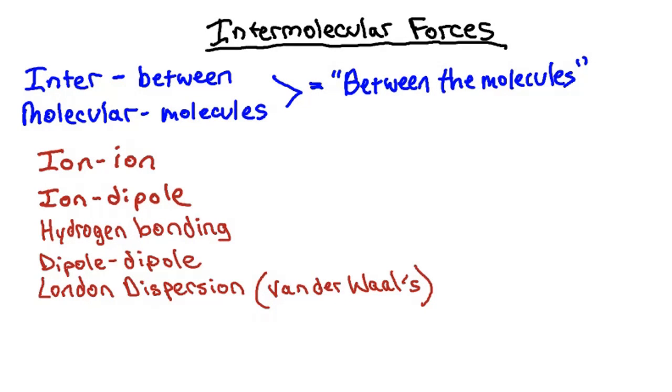Okay, so in our last video, I explained what a dipole moment was and that certain molecules are polar when their dipole moments cause them to have a congregation of electrons at one end and no electrons at the other end.